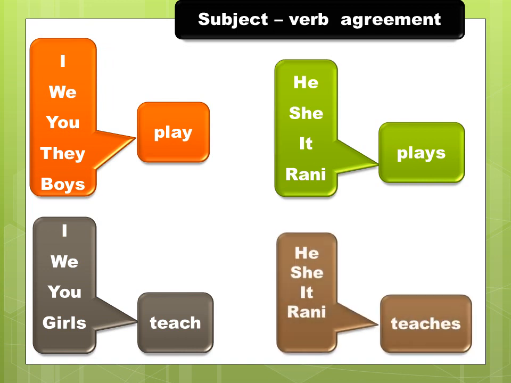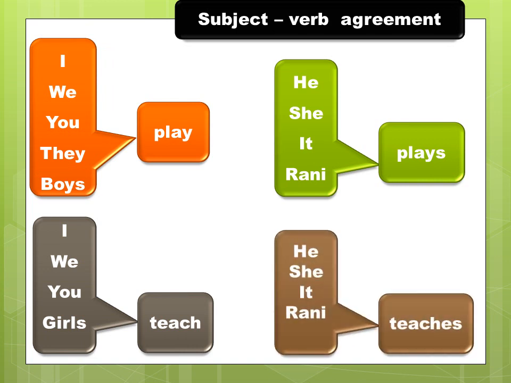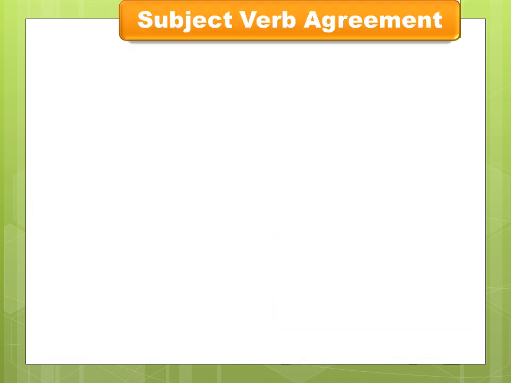Now let's see. With the pronouns he, she, it, and the noun Rani, the verb used is teaches. Main form of verb teach plus es. While framing sentences, it is important to keep in mind the spelling rules.